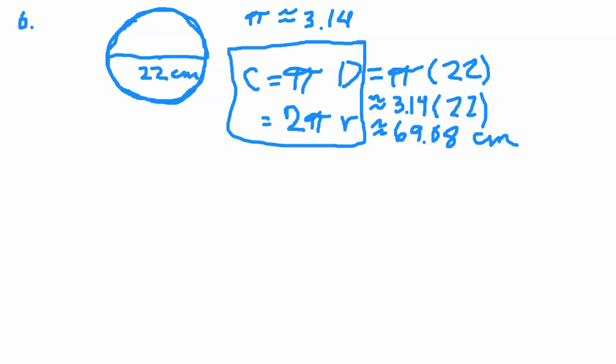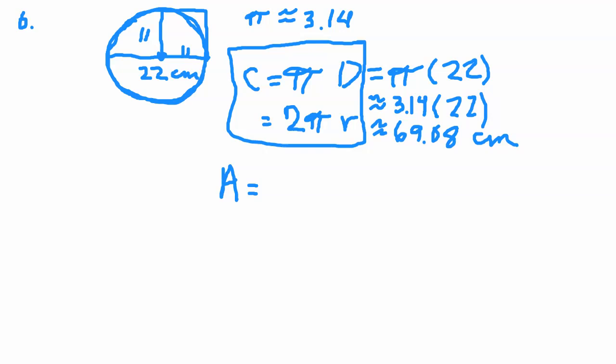Okay, next we're going to find the area of the circle. To find the area, I want you to think about the radius, which in this case would be 11. Because that's half of 22, we're going to draw a square with that radius. So it's an 11 by 11 square. That's your radius square.